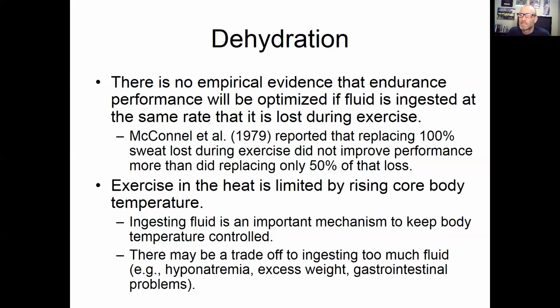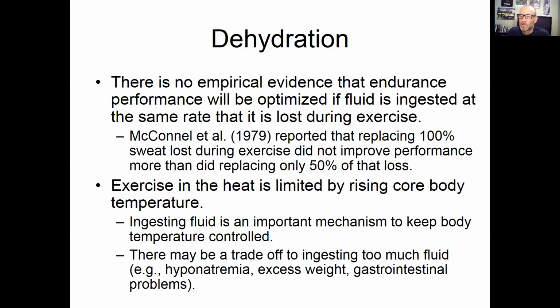Exercise in the heat is limited by rising core body temperature. That's what's limiting exercise in the heat. Ingesting fluid is an important mechanism to keep the body temperature controlled. There may be a trade-off to ingesting too much fluid, for example, hyponatremia, which I'll go through in just a bit, excess weight, and gastrointestinal problems, GI problems. Excess weight, if I just drink the water and I'm carrying that extra weight around, that's not helping me run faster.